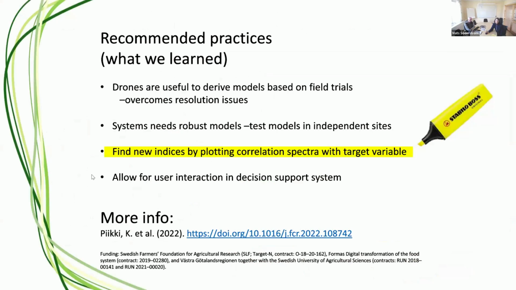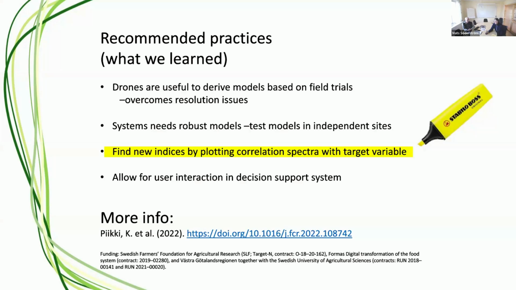So just a few summary notes of what we learned from this project. Drones were really useful to derive models based on field trials when we want reflectance-based models or index-based models for systems. We could overcome the resolution issues, and systems need robust models.